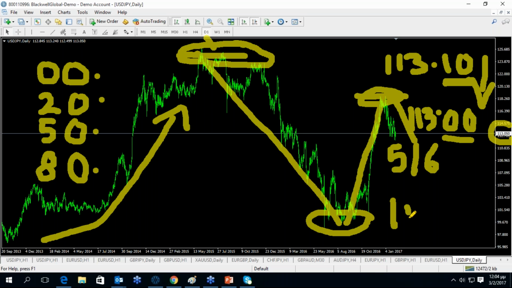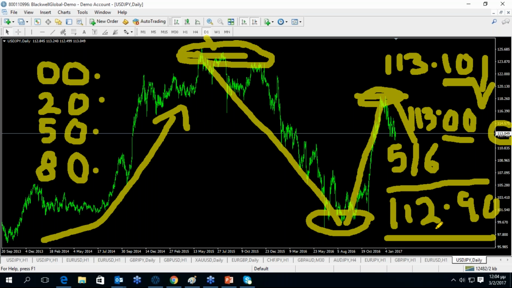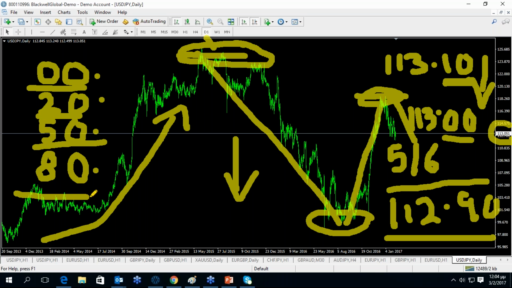So 112.90 would be an area where you would need to wait till prices go lower to that level to give you a better idea that price can actually drop even more. Okay, so when they go lower than the psychological number, then you've got better confidence.